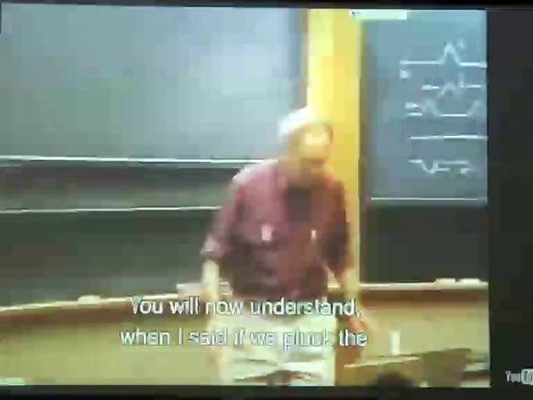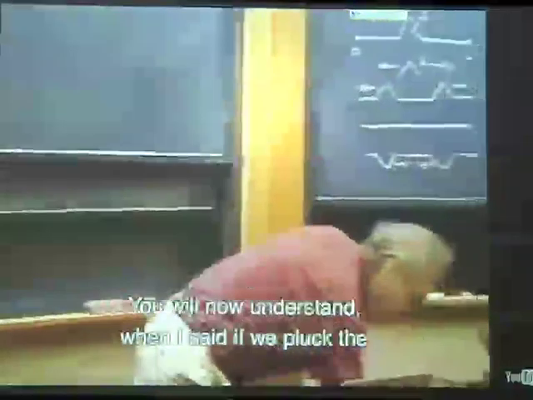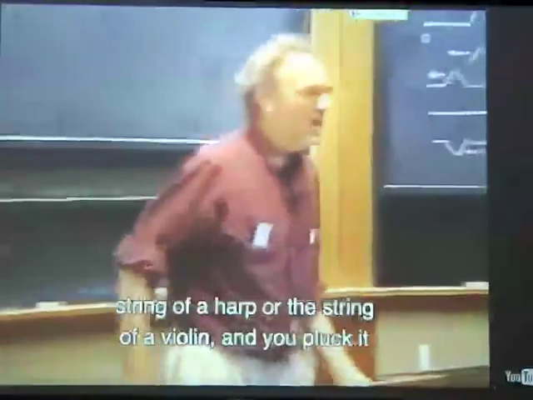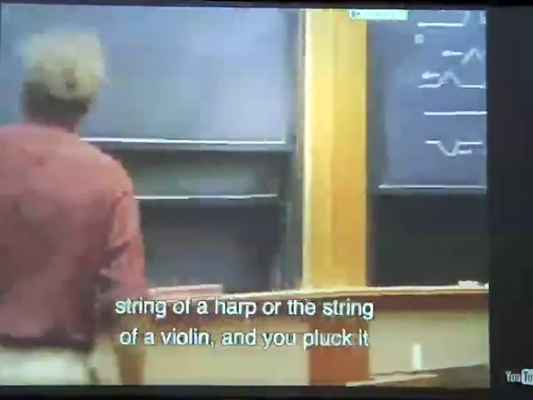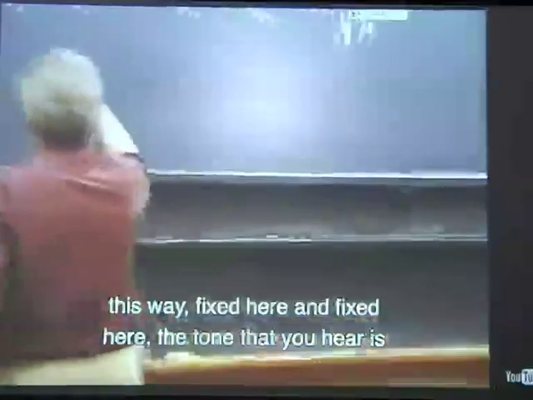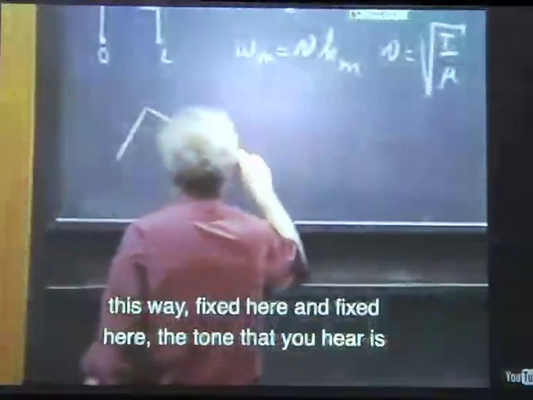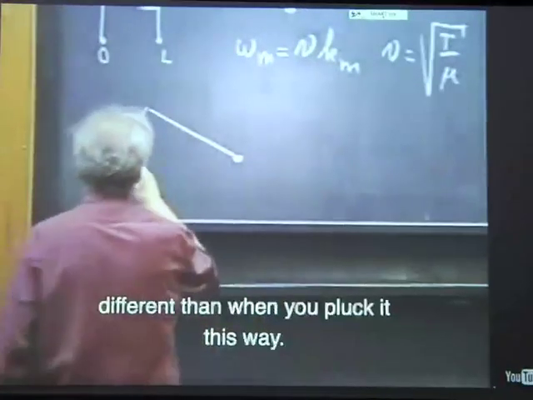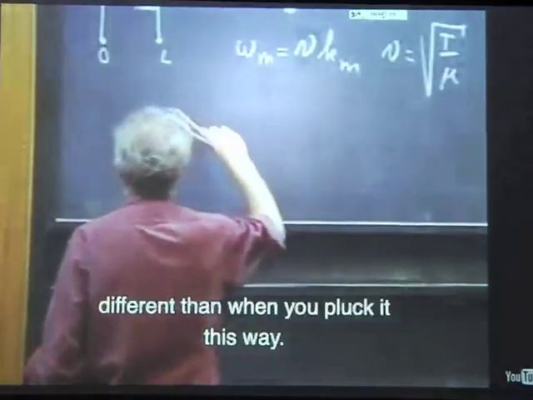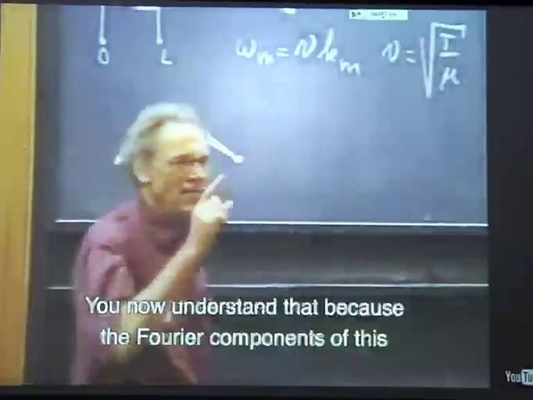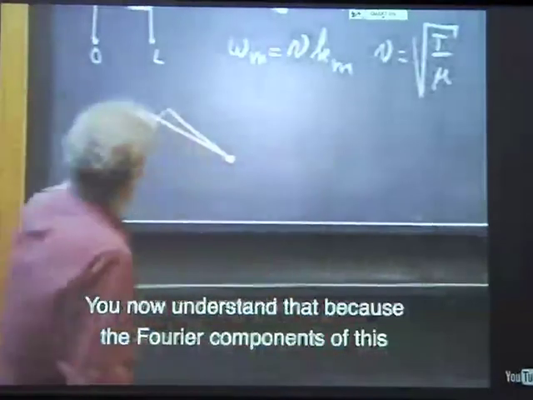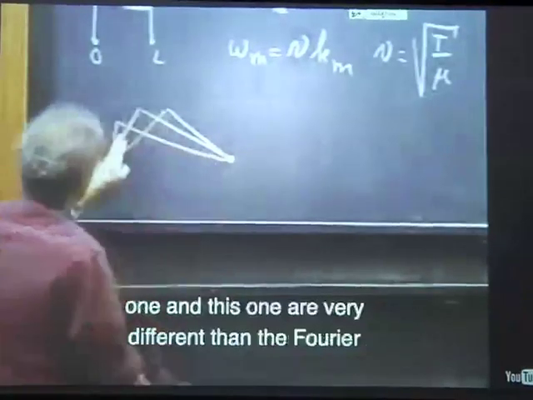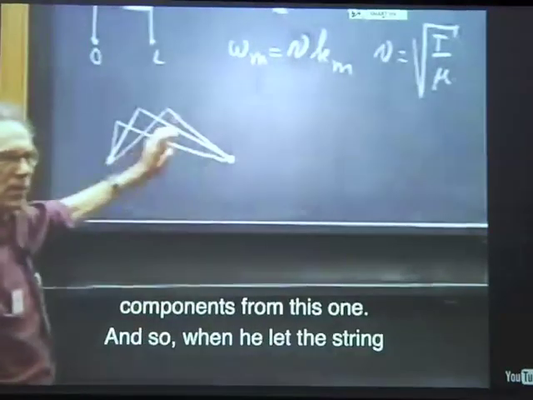You will now understand when I said if we pluck the string of a harp or the string of a violin, fixed here and fixed here, the tone that you hear is different when you pluck it this way. You now understand that, because the Fourier components of this one are very different from the components of this one.